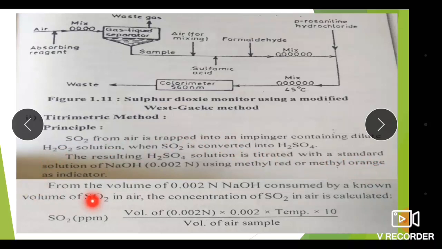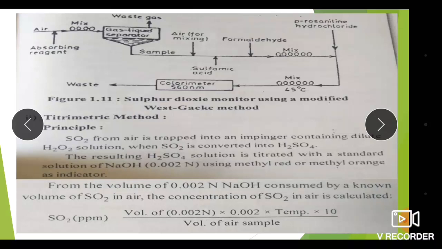With the help of this formula we can calculate the amount of SO2 present in a given sample, that is from the volume of 0.002 normal NaOH consumed by a known volume of SO2 in air. The concentration of SO2 in air is calculated. Whatever amount of NaOH is consumed is equal to the amount of SO2 present in the air.